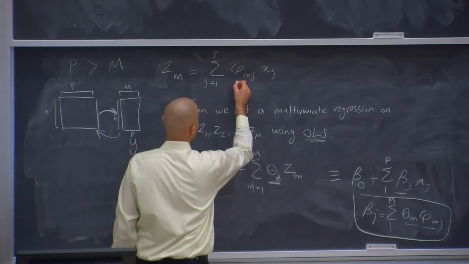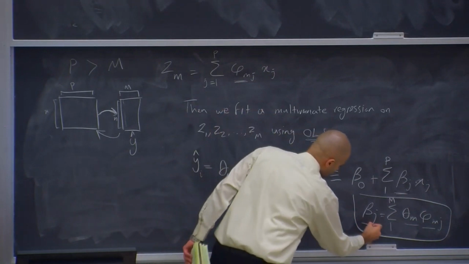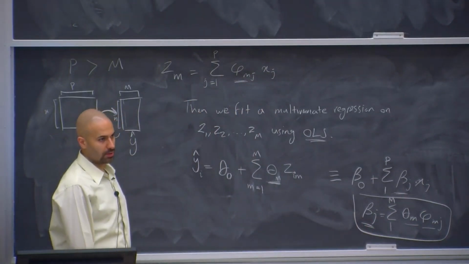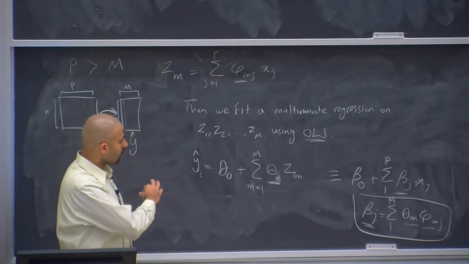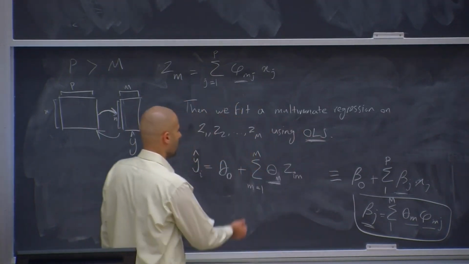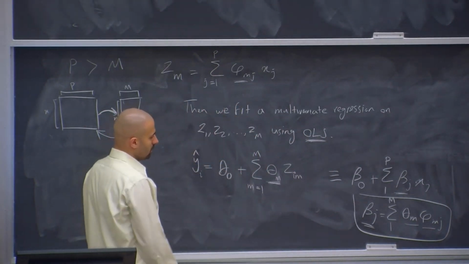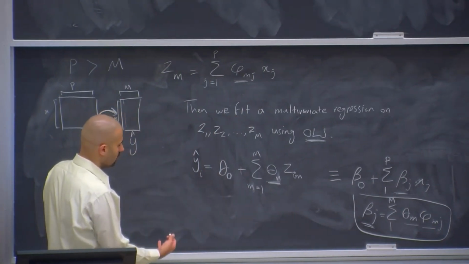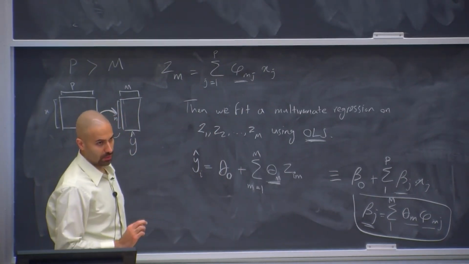So theta and phi together define the effect sizes of the original parameters. In this sense, we are again using a multivariate regression function of our original features. This is the general idea of using dimensionality reduction for getting a sparse model.